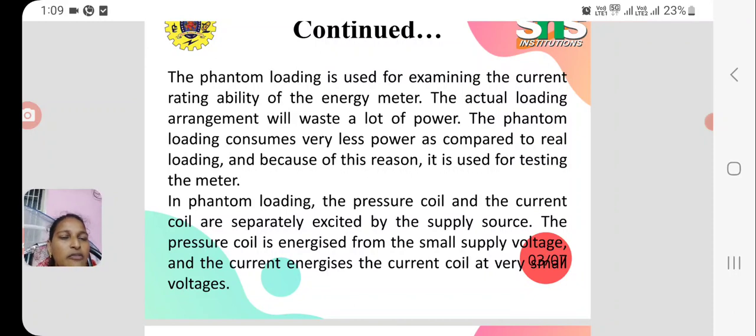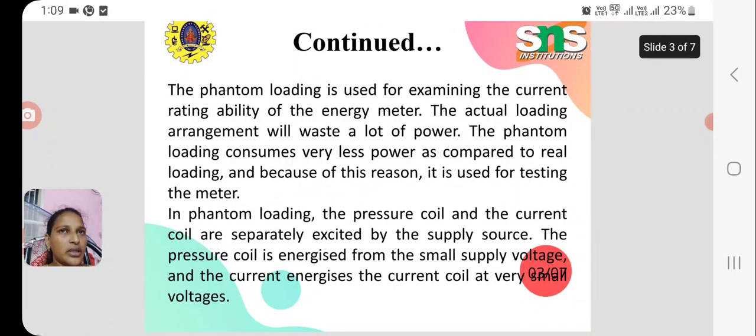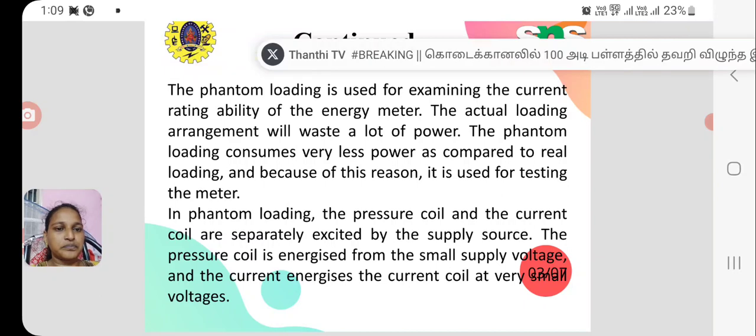By phantom loading, these energy meters and watt meters consume less power compared to the real loading, and because of this reason it is used for testing the meters. So the problem we discussed earlier is overcome by using phantom loading.